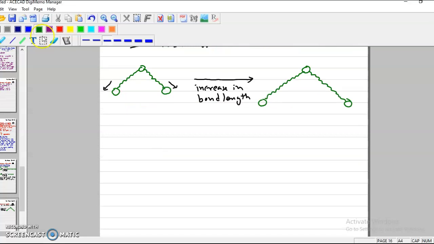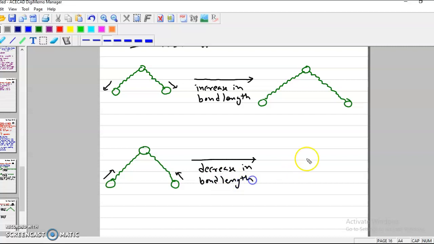Second, if these two end atoms are coming towards central atom, then there will be decrease in bond length only, so that the central atom remains there only, but end atoms are coming closer like this.